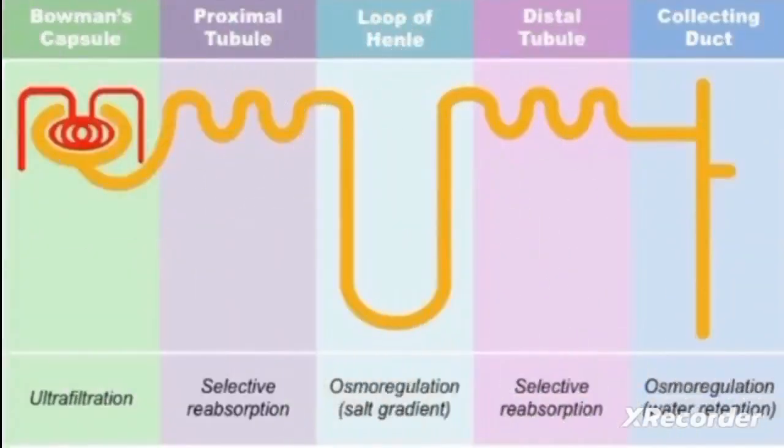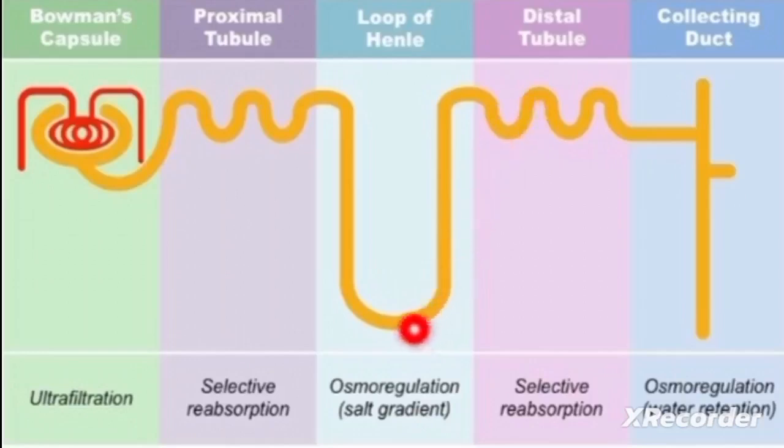Ultrafiltration takes place in the Bowman's capsule. Selective reabsorption takes place in the tubules, the proximal convoluted tubule and distal convoluted tubule.